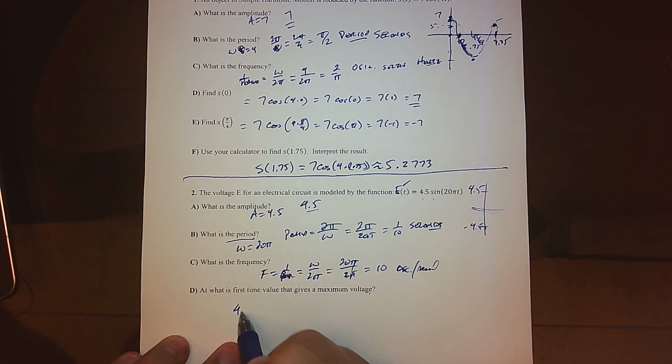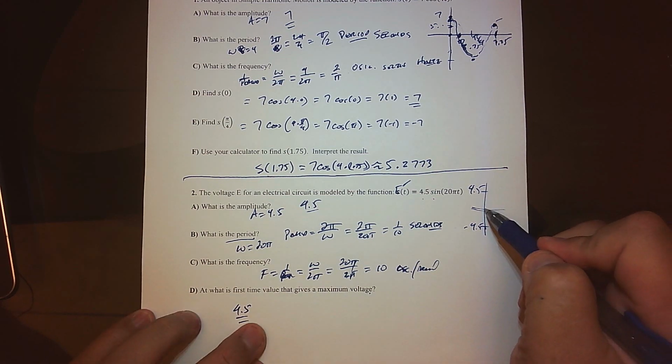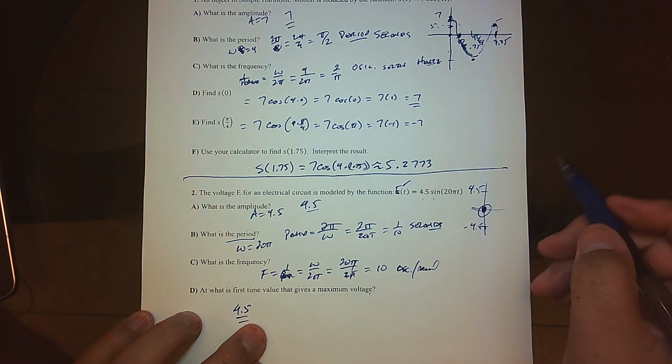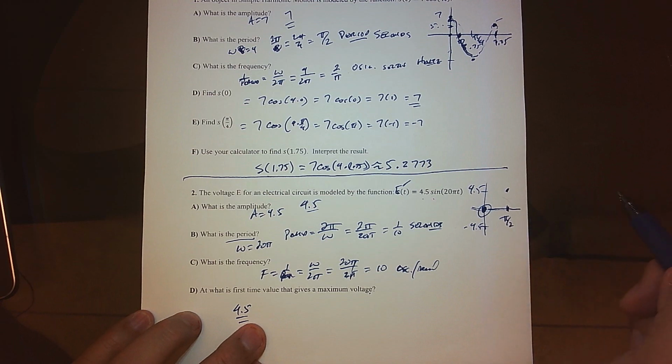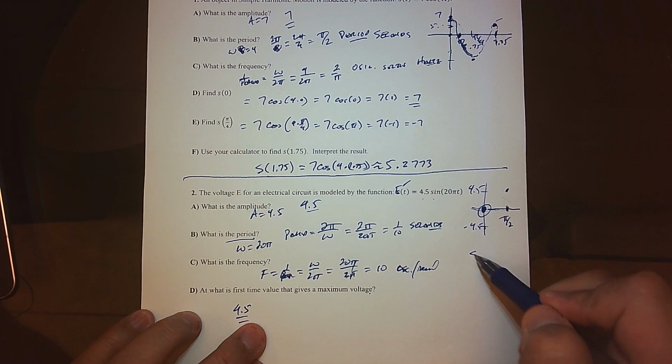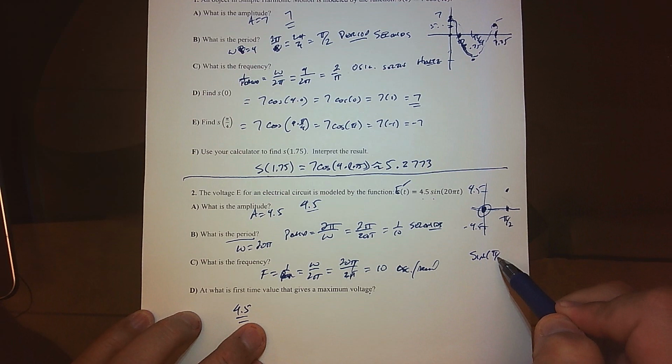All right, at what time value do we first reach a maximum? So we know the max is at 4.5, and we know the graph is starting at 0. Under normal circumstances, we reach that high point at pi over 2. So the sine of pi over 2 is equal to 1.